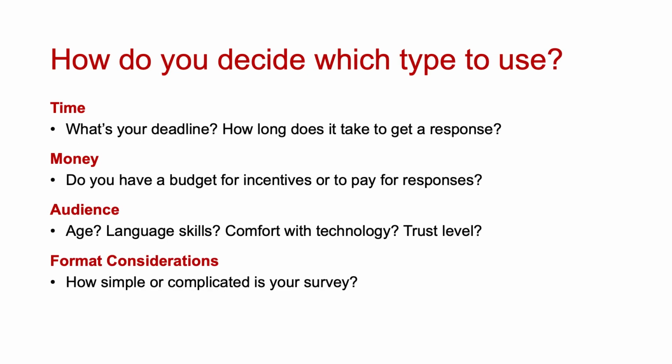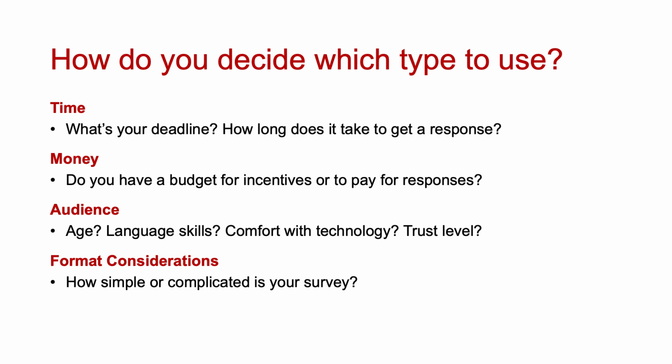All right, so you have all these options open to you. How do you know which type to use? So first, knowing your deadline is going to help. If you have 6 months to get responses back, then mailing them might actually be a good viable option. If you have 6 days, that obviously is not going to work, and you might have to use something else. What is your budget? Do you have a budget for things like incentives or to pay for responses?